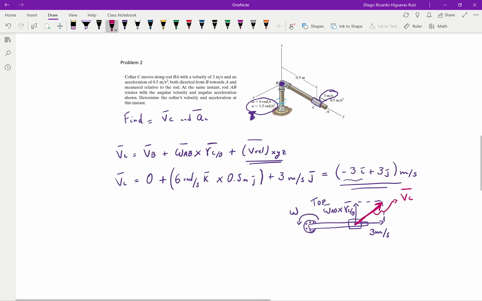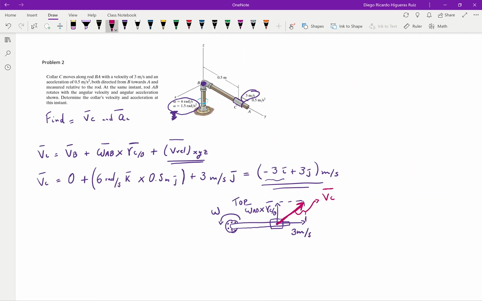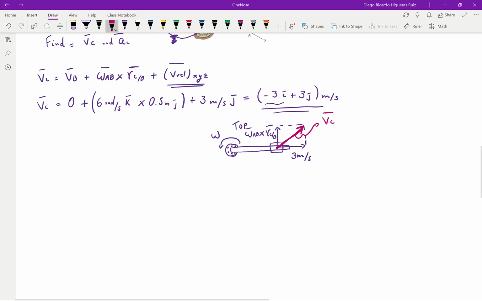So now we're going to do a similar thing, but we're going to solve for the acceleration. Okay, the acceleration at point C, vector, is going to be equal to this very long equation that we already drew before. Okay, there we go.